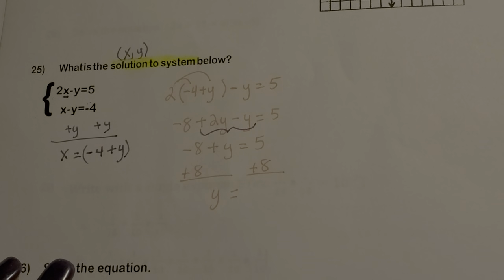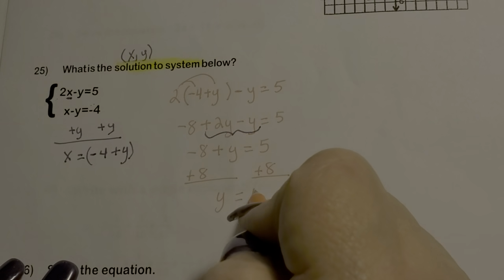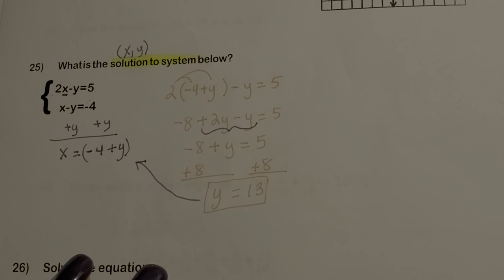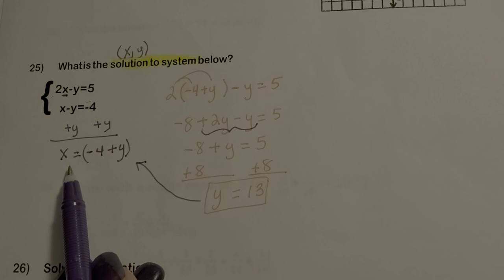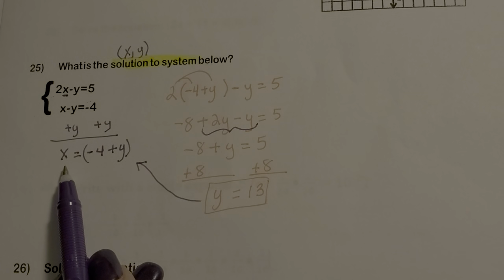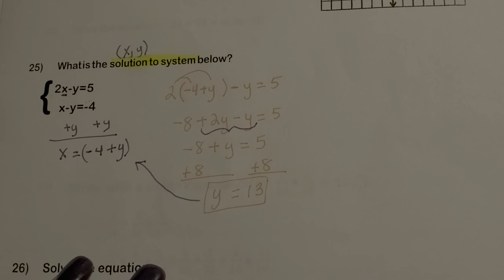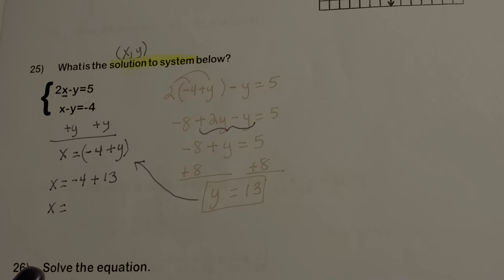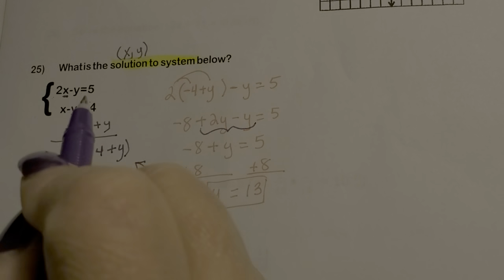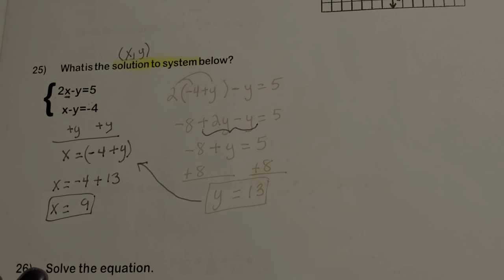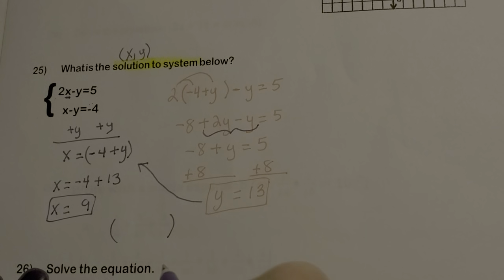When I add 8 to both sides, turns out y equals 13. Now I'll come back to my changed equation where I found what x was equal to and substitute 13 for y. Negative 4 plus 13 is 9. So my solution to this equation is the ordered pair, x first, y second, 9, 13.